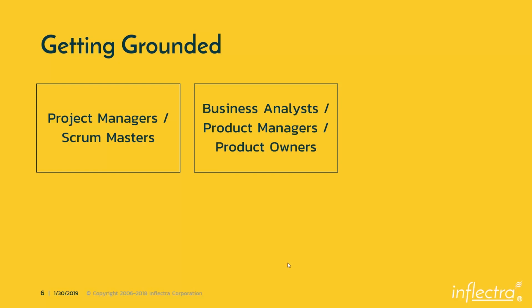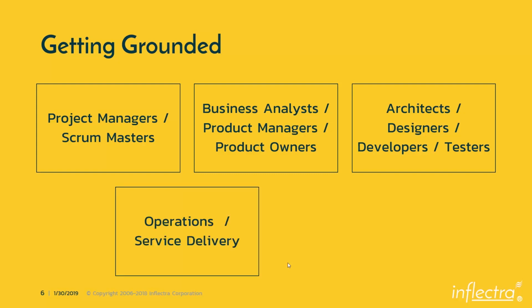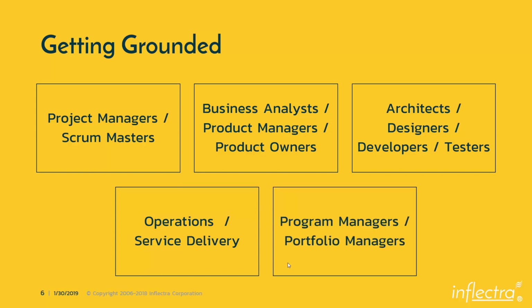Business analysts, product managers, and product owners think of product lifecycle management that has an uncertain scope and unclearly long duration. Architects, designers, developers, and testers focus on software development lifecycle. Operations service delivery team members and program and portfolio managers think of the deployment considerations, release documentation, and benefit realization.